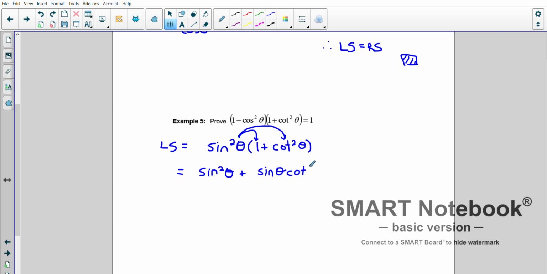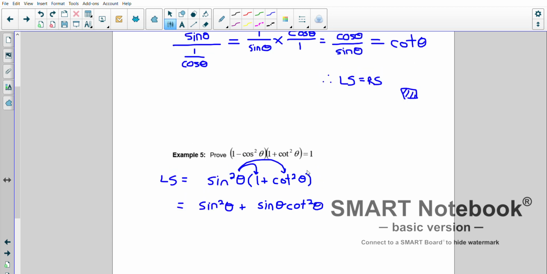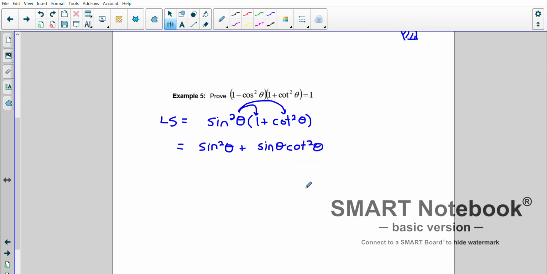Alright, well this definitely doesn't equal anything close to 1 yet, but I also know that cotangent theta equals cos over sine. And like in this last example, or 2 examples ago, cotangent squared theta, if this is true, that's the identity.